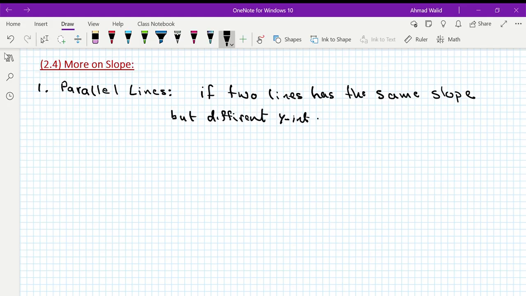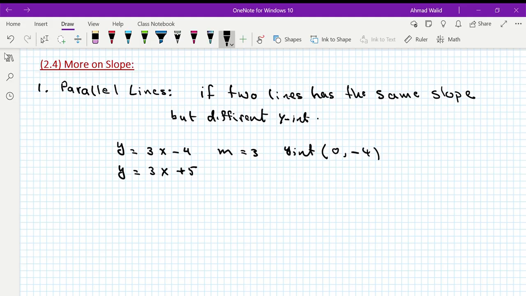For example, y equals 3x minus 4 and y equals 3x plus 5, they are parallel lines. Why? Because the slope of the first line is 3. The y-intercept is 0 and negative 4.